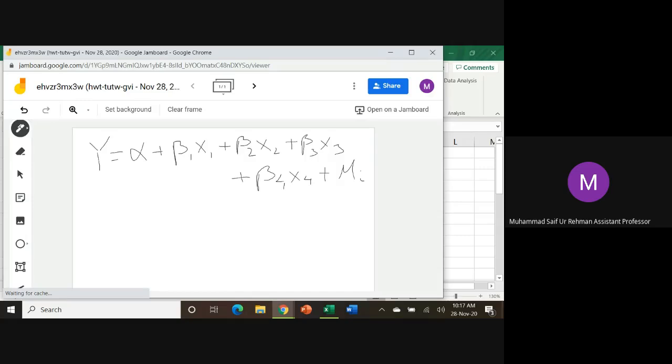So this is basically the equation, and you are interested to find out the estimators.